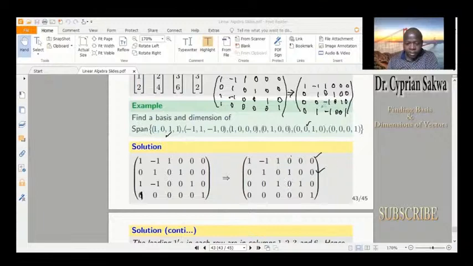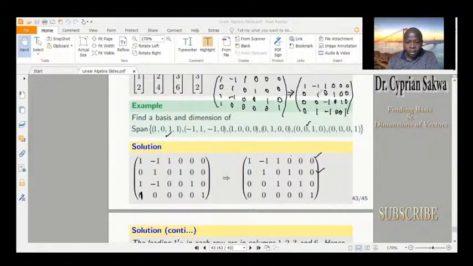So I would have a positive 1. So let me just write, there will be a positive 1. Now negative 1, 0, negative 1, 0, 1, and that. So this is where I have a problem. I need a 0 here. So I need only to subtract this row from this row.